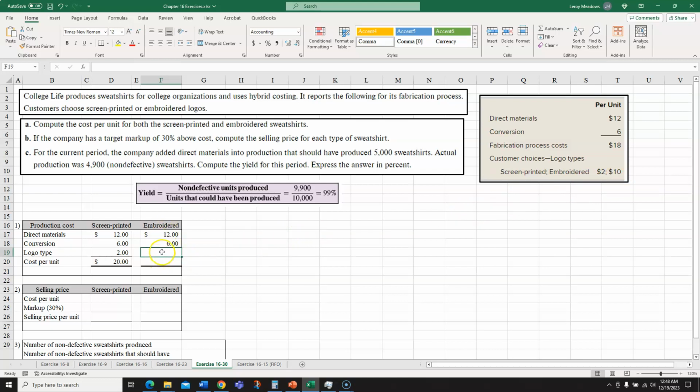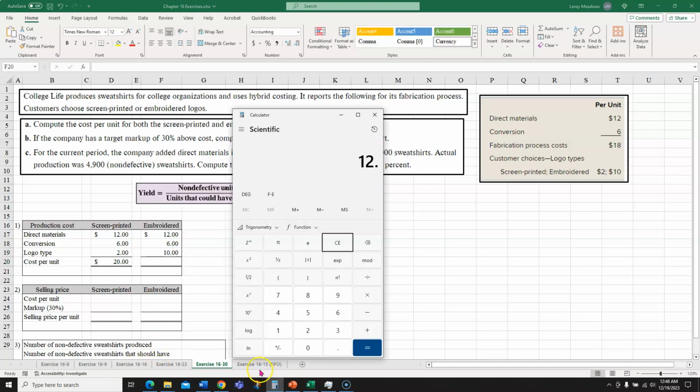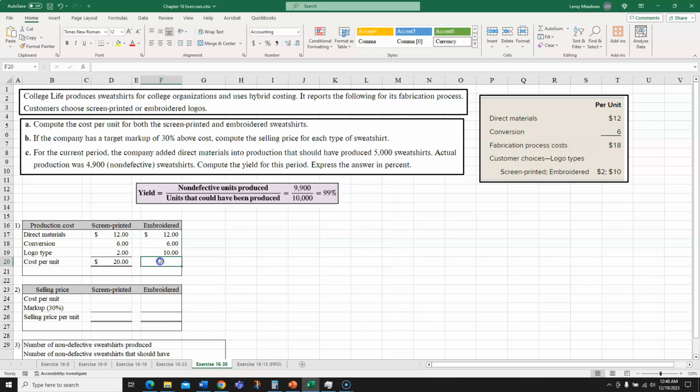So under the embroidered, I'm going to put $10 here. And my cost per unit when I add $12 plus $6 plus $10 is $28. So that is my cost per sweatshirt for an embroidered logo.